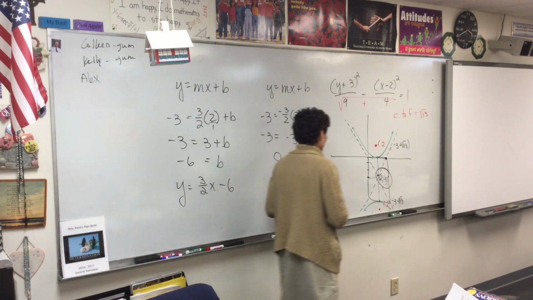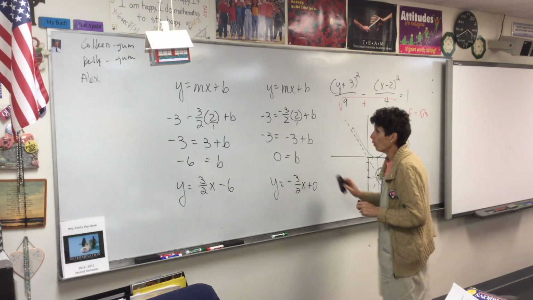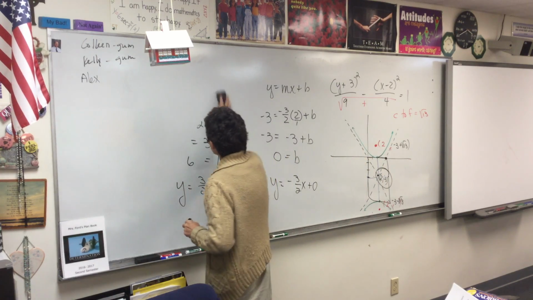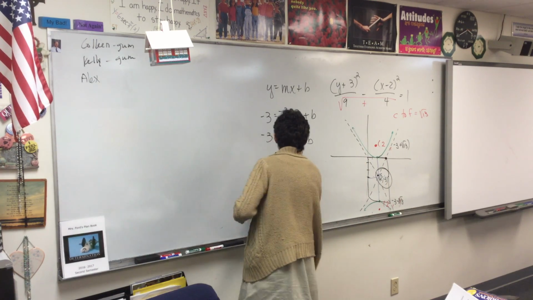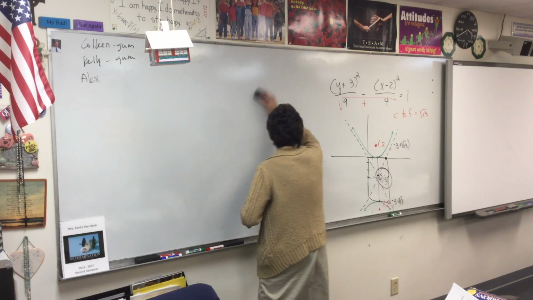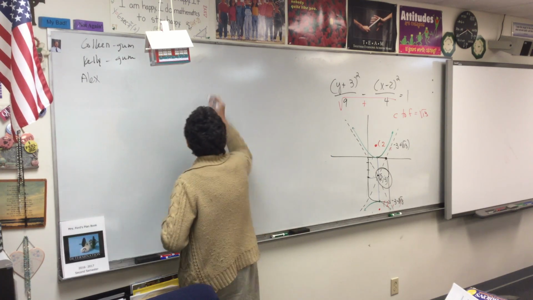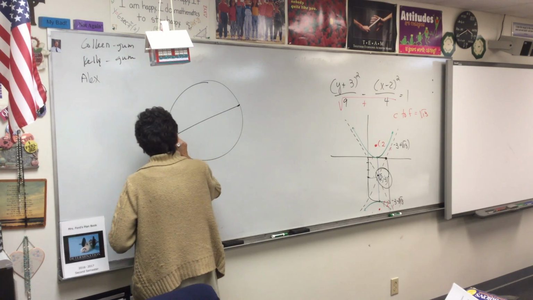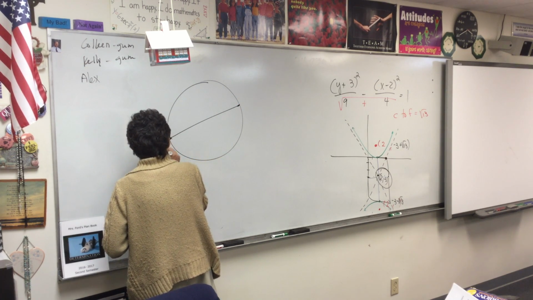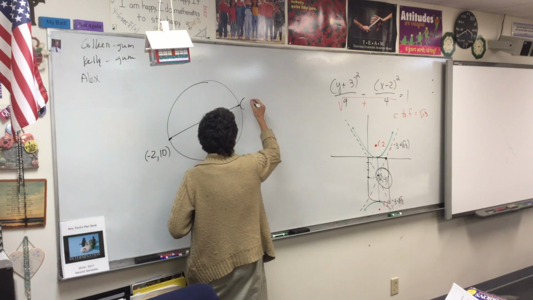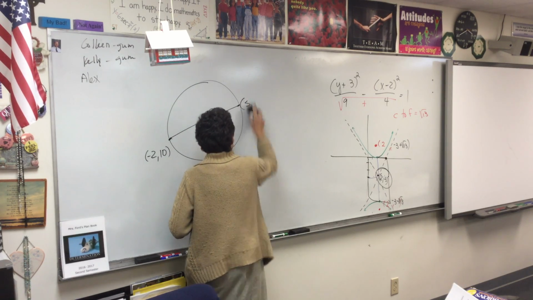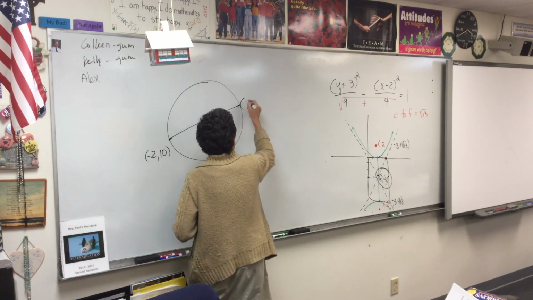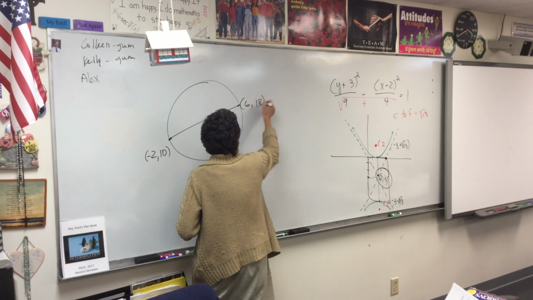All right, let's do one where I give you the end points of the diameter of a circle. So you have to write the equation of a circle, and you are given the end points of a diameter, and let's say they're negative 2, 10 and 6, 18.